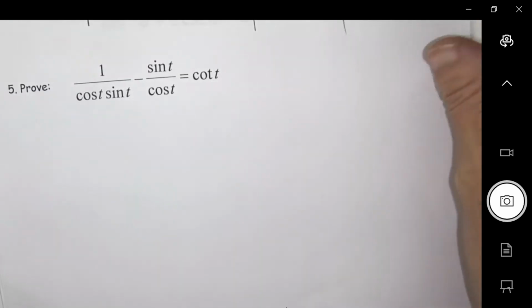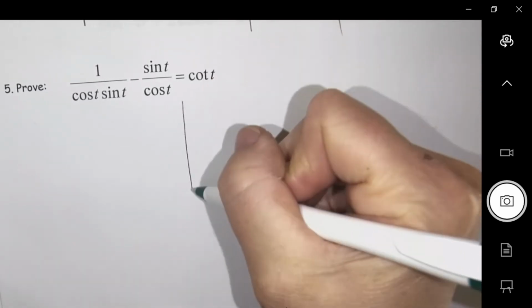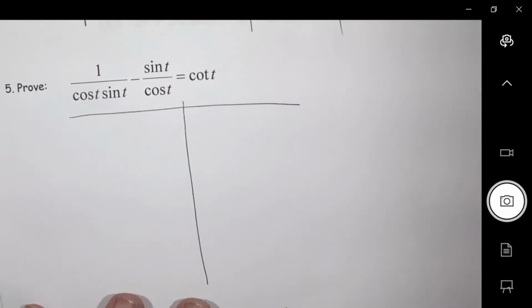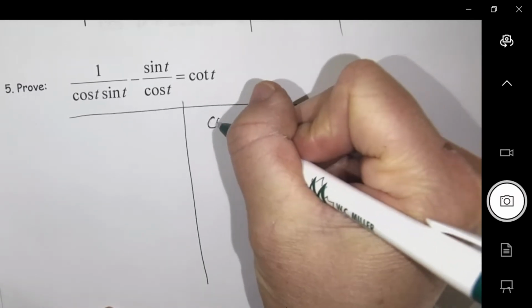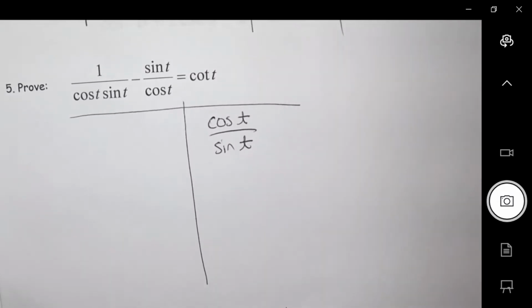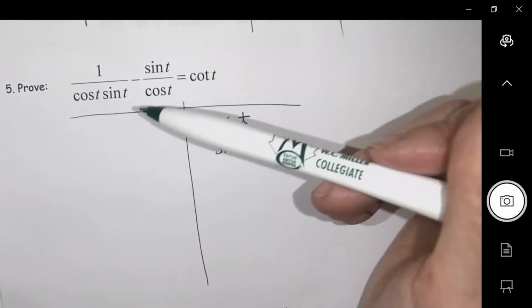We could do that. So on this side, I could replace cotangent with a cos t over a sine t. Okay, I don't think I can substitute anything else, right?